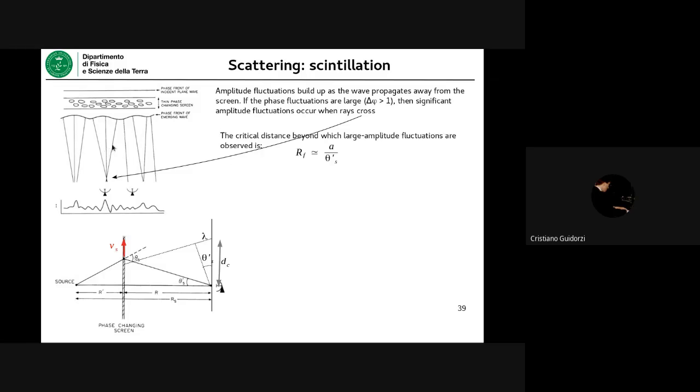You know this angle here, which is theta s prime. Let's just consider the point of view of the observer.